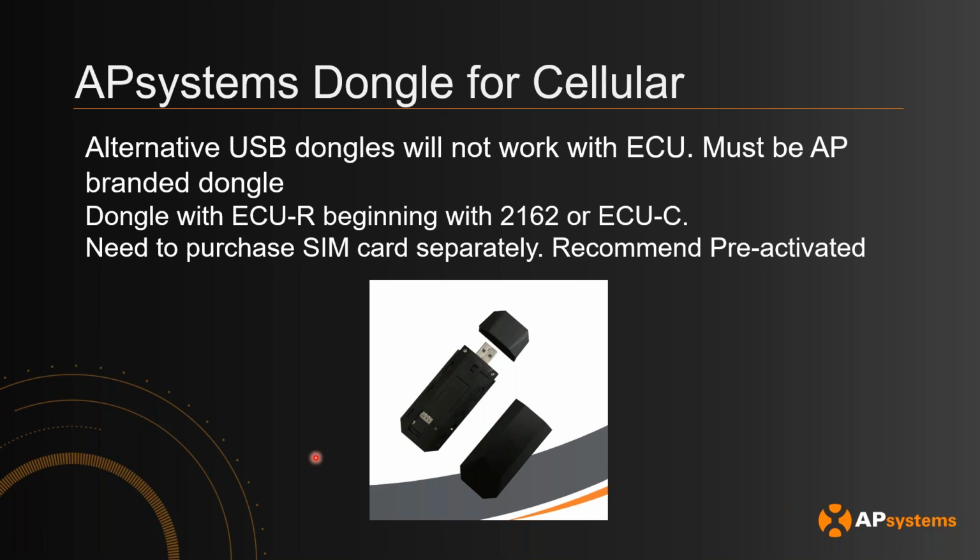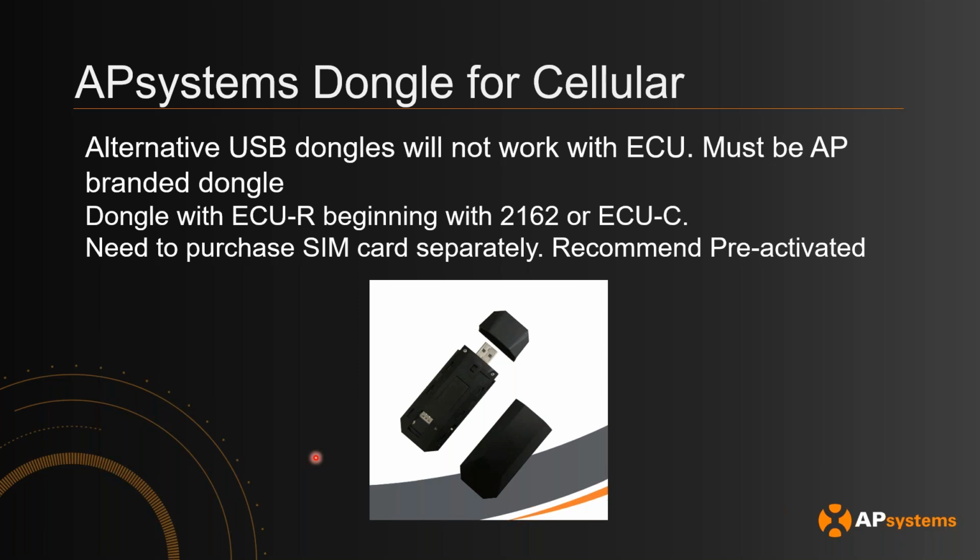All right. Another thing that we can also recommend is using a cellular dongle. This is something that's sold by APsystems, and you would plug it into the ECU's USB port, and then you would need to get a SIM card and plug it into this dongle. In general, I recommend getting a pre-activated SIM card.